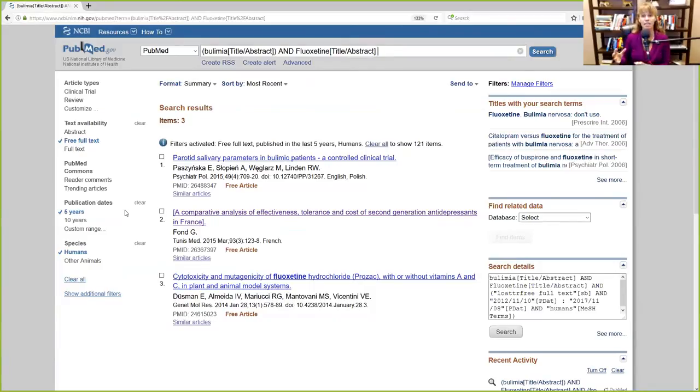But what about using it in patients that have bulimia?